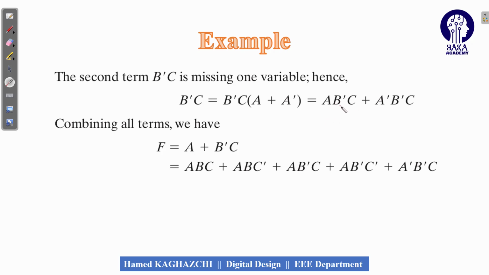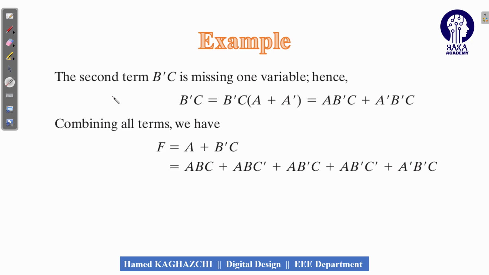If I have, for example, A B prime C twice, I have to write just one of them. So as a result, I will have ABC or ABC prime or AB prime C up to the end. You can see that I could rewrite the A or B prime C as a sum of minterm.